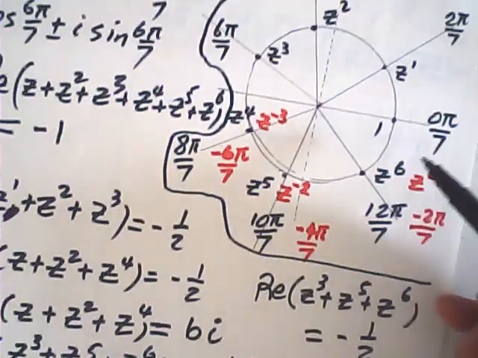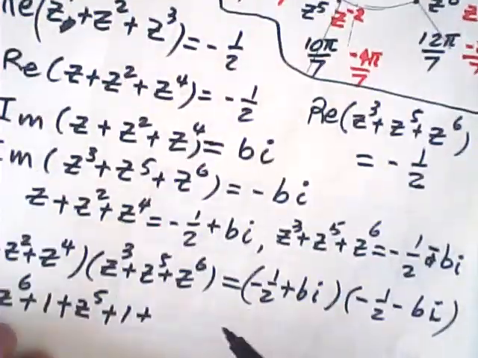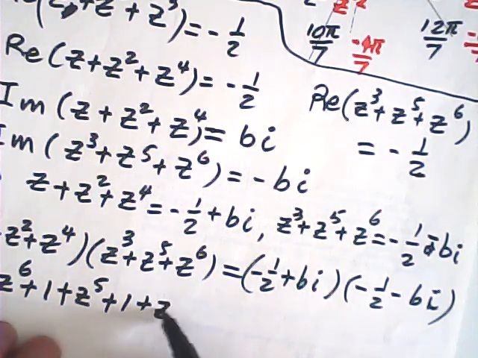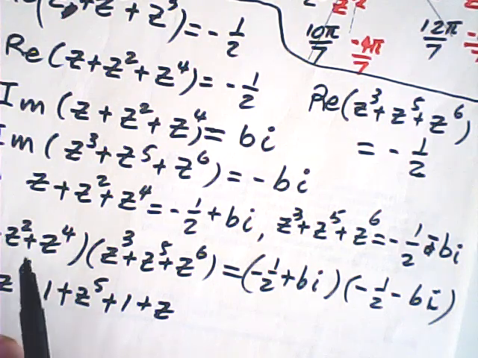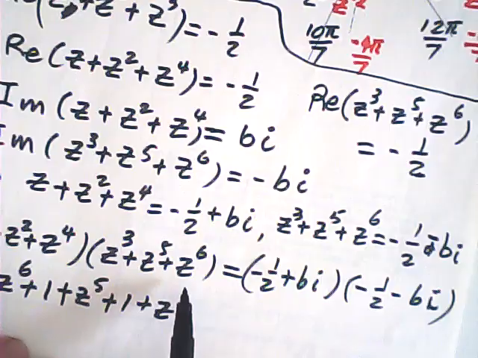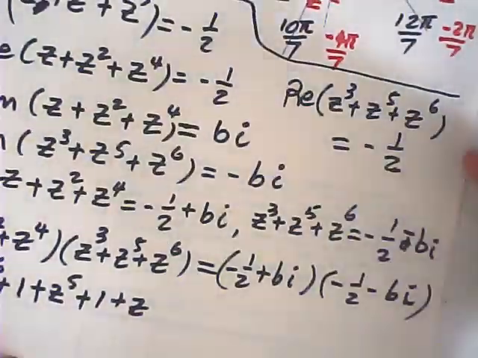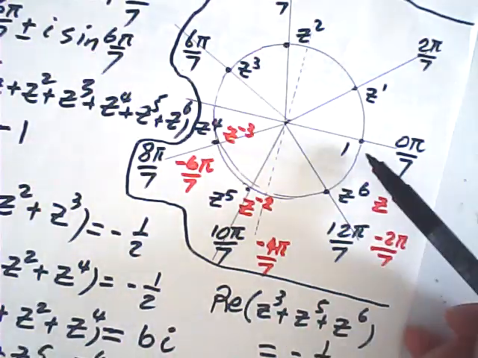z8th is what? This is z7. This is z1. This one times this one is a z8th power. z8th power is the same as z1, because z1, 2, 3, 4, 5, 6, 7, 8.